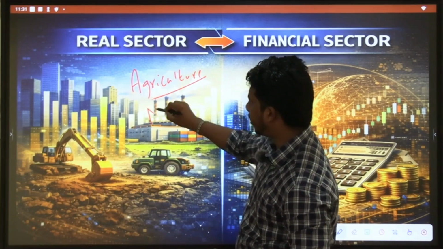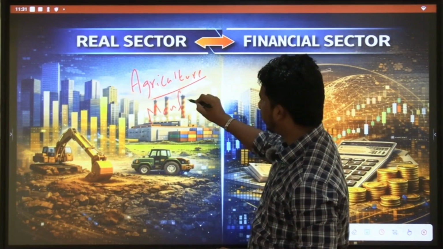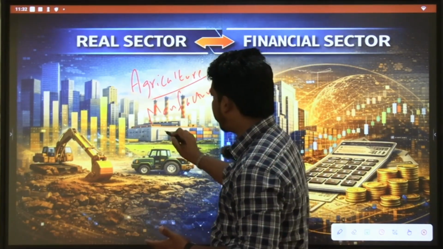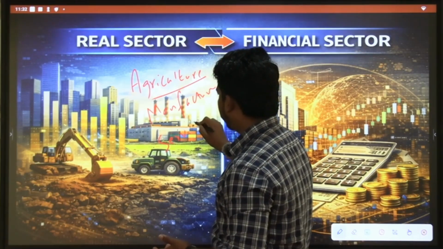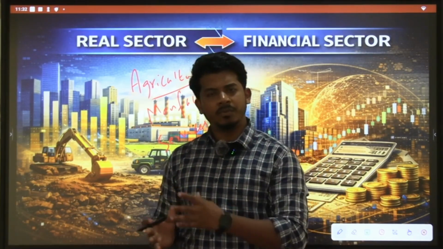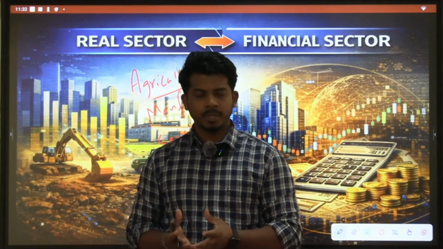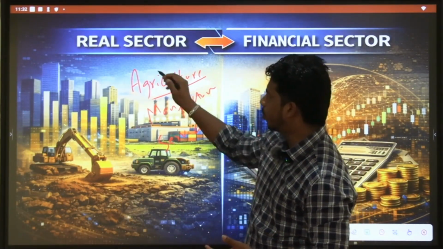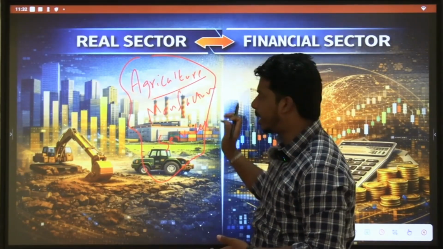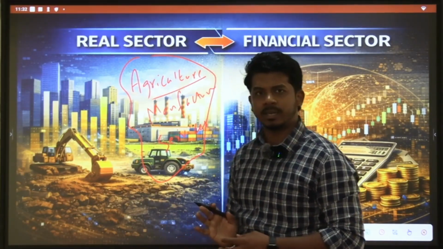Same with manufacturing, same with services also. Take this class: there was no video on this chapter 3 before, but right now I am creating it. It is a part of the service sector. So all the sectors where real products are produced are called the real sector.